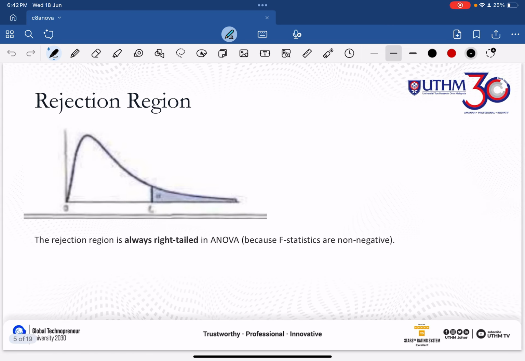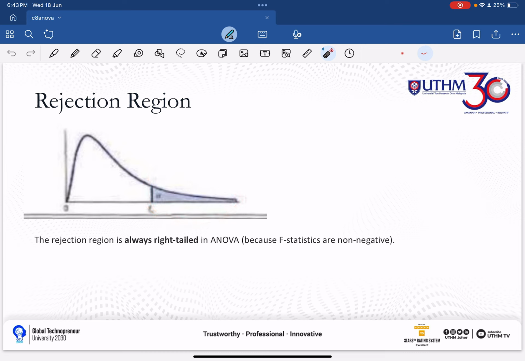Okay, so these are the tails of the F test. Last time we used Z and T distributions. For ANOVA, we will use the F statistic. So the rejection region is on the shaded region here. It's still the same, but we use the F statistic.